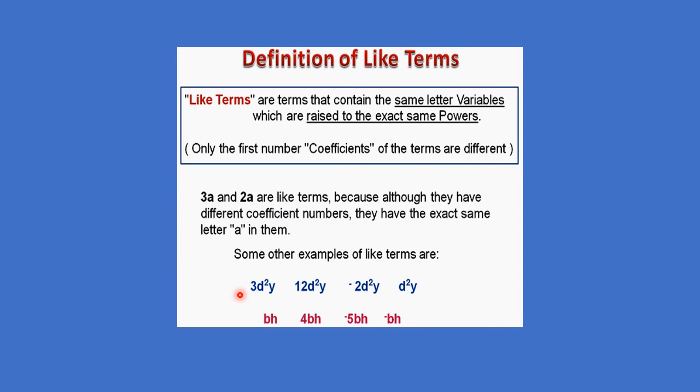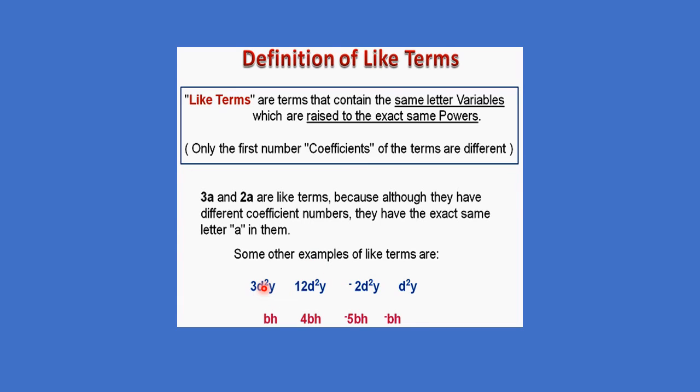So if you look down here in these examples at the bottom, the numbers in front of the letters can be different. That's your coefficients. They can be different, but the letters have to be the same to be considered a like term. And if there's an exponent, the exponents have to be the same.